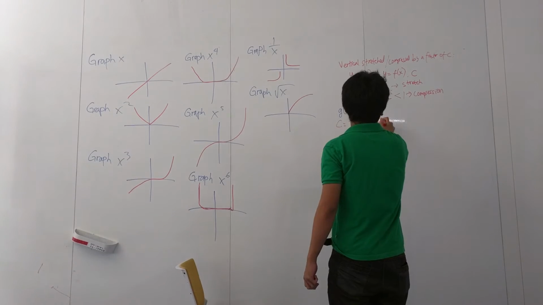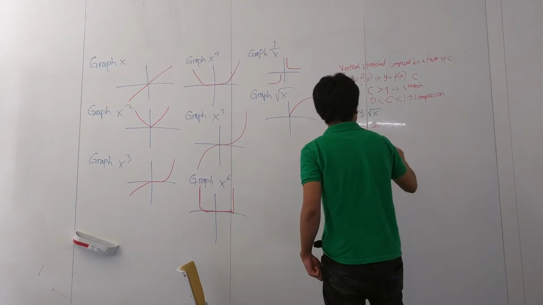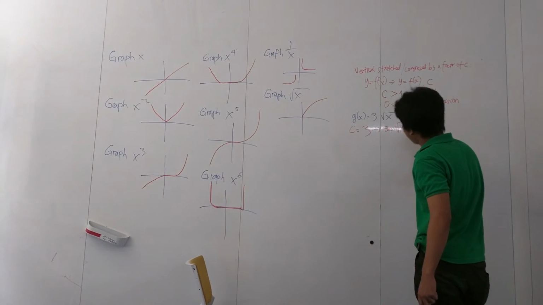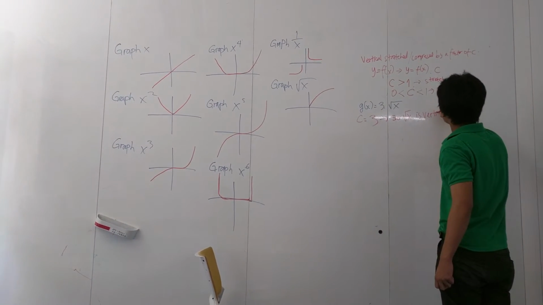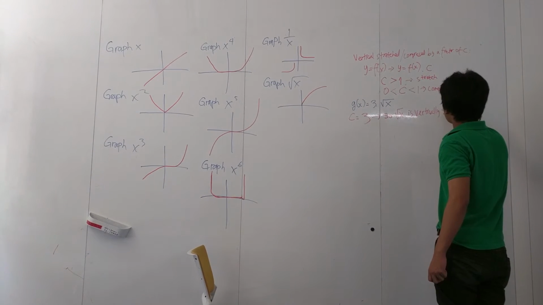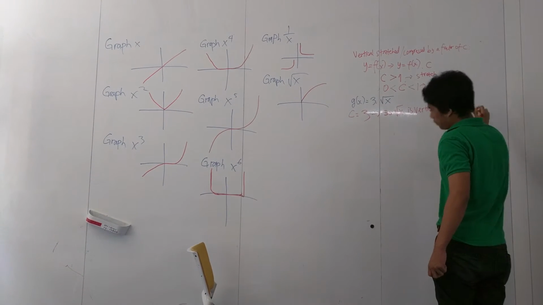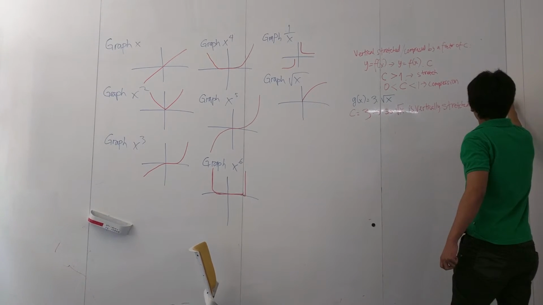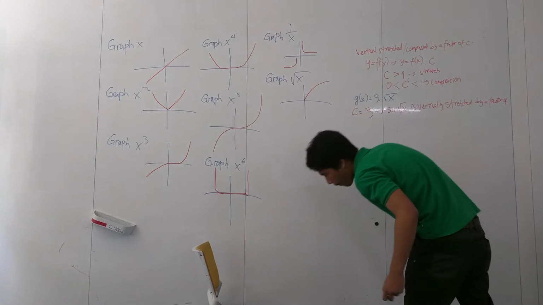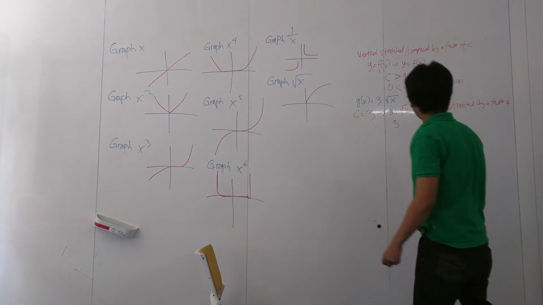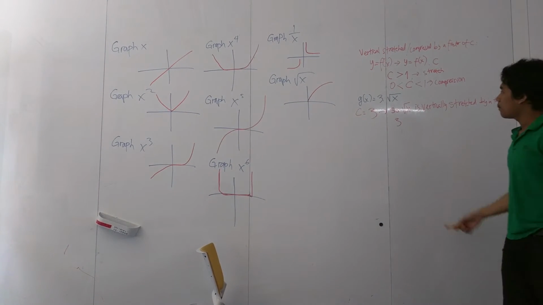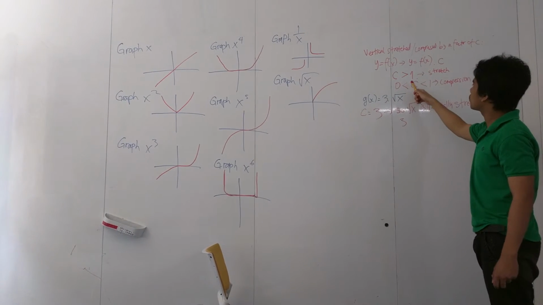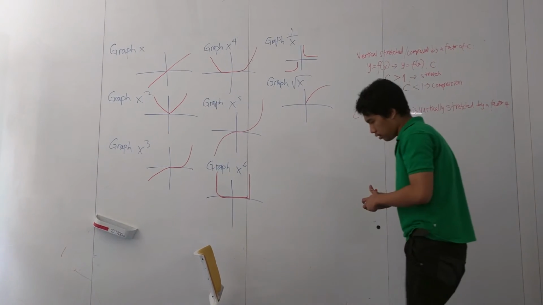So it can be determined that the root of x is vertically stretched by a factor of 3. Why does it become vertically stretched? Because the c is 3. It is over 1, so it must be stretched vertically.